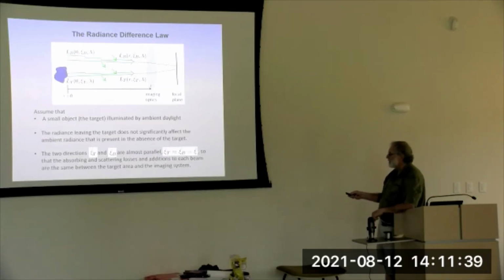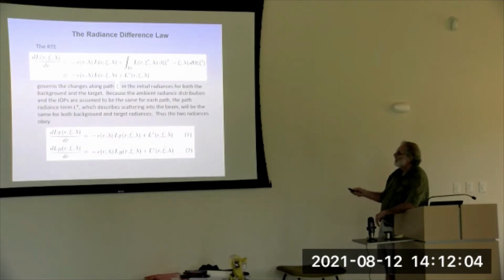So we'll just call it direction C. So the idea here is because this path and this path are basically the same, the absorbing and scattering processes along the way, and if there were any internal sources along the way, those are the same. All that's different is the beginning radiance from the target and the background.